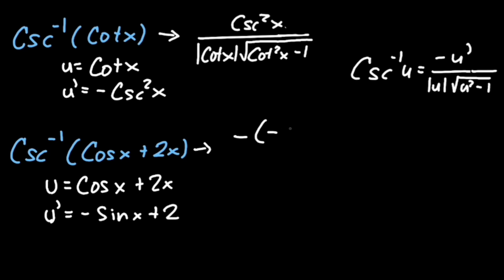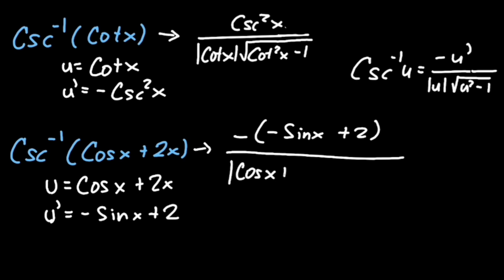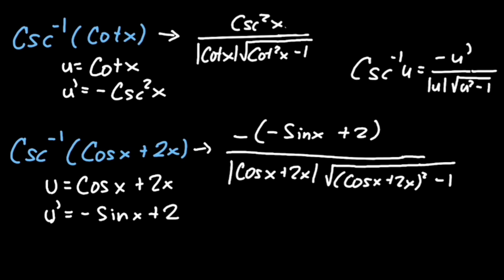We'll get negative multiplied by negative sine of x plus 2 over the absolute value of cosine of x plus 2x multiplied by the square root of cosine of x plus 2x raised to the power of 2 minus 1. You can simplify this because the negatives are both negative, you will get positive sine of x minus 2.